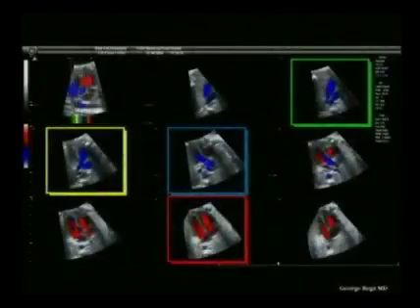This is a STIC acquisition with color Doppler of a fetal heart, where you can see that in relationship to the ductal arch, all the heart views required for a standard fetal echo are obtained. Here is the 3-vessel view, the pulmonary, the aorta, and the SVC. This is also the pulmonary artery and the right pulmonary branch.